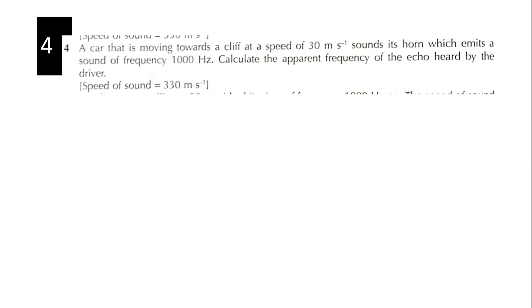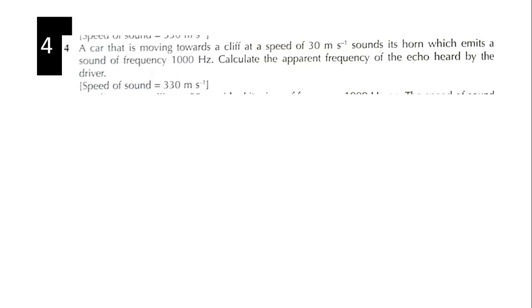The car is carrying the horn, so the car and the horn are moving towards the cliff. To calculate the apparent frequency, how to do that? Treat your cliff as the observer.